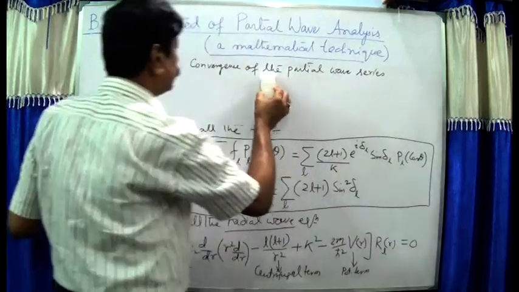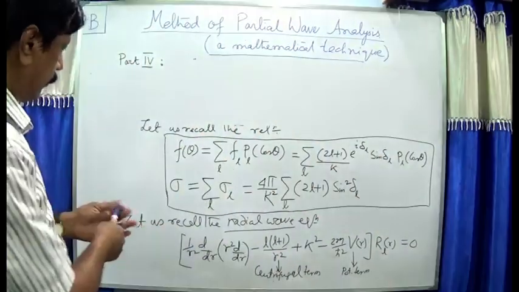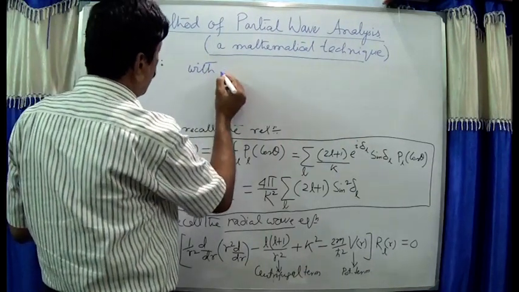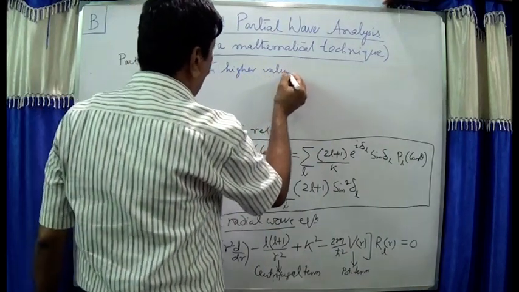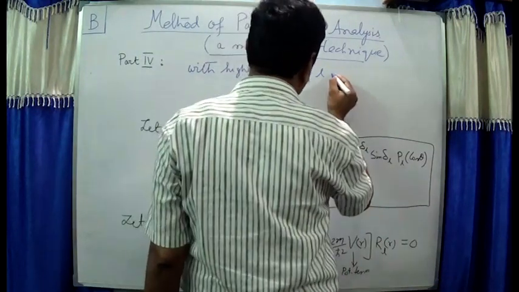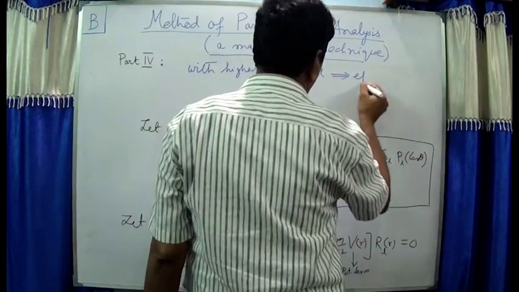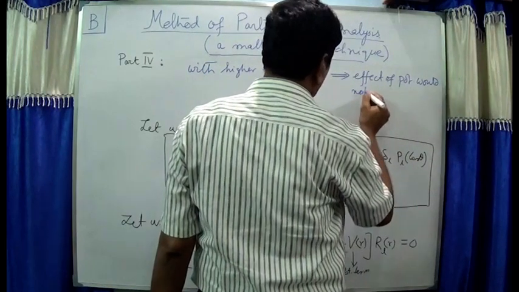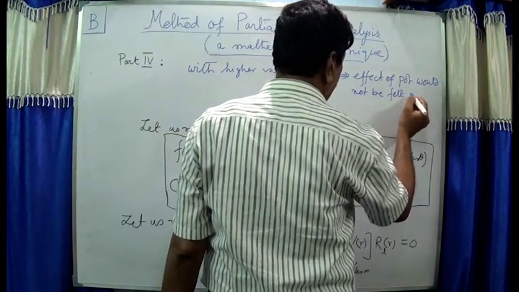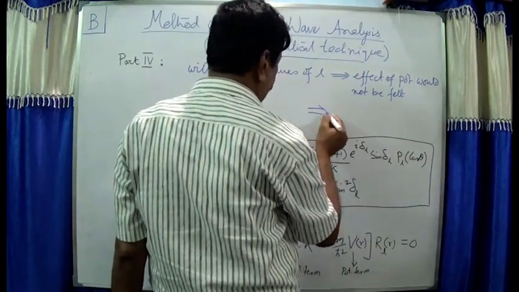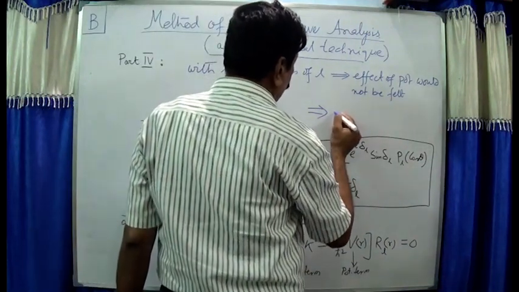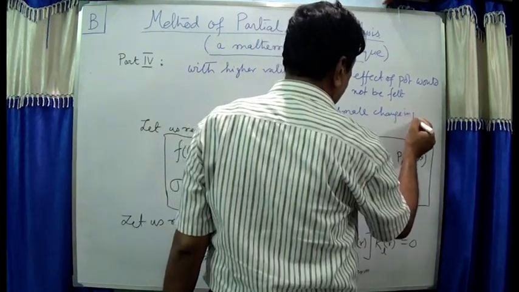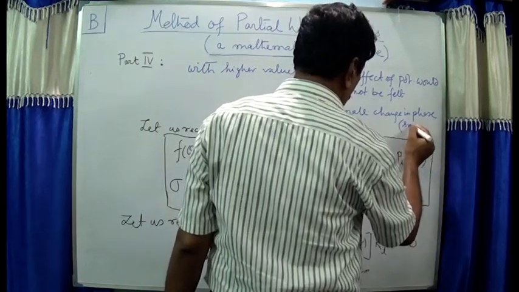So what we can conclude is this: with higher values of L, the effect of potential would not be felt, and that in turn gives you a small change in phase, that is, small delta_L.